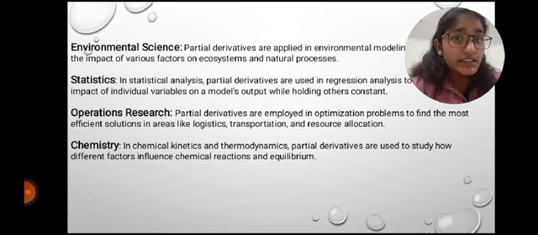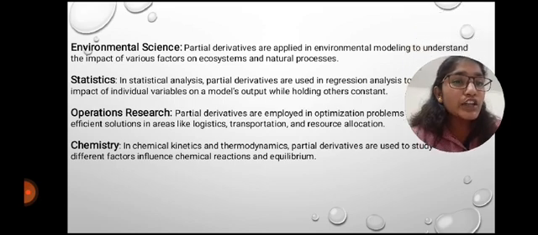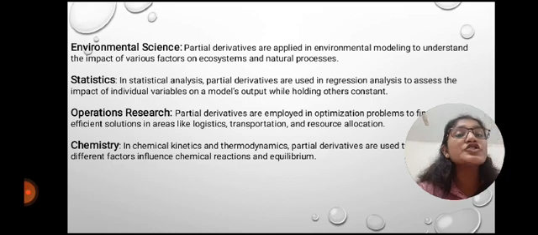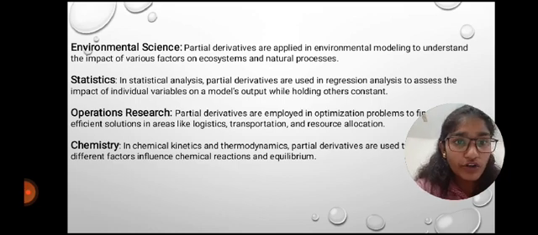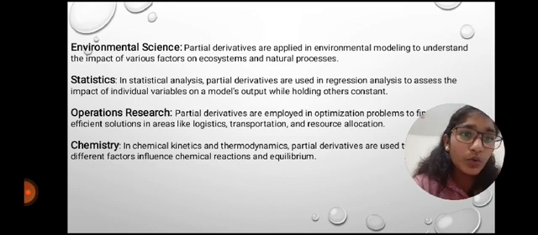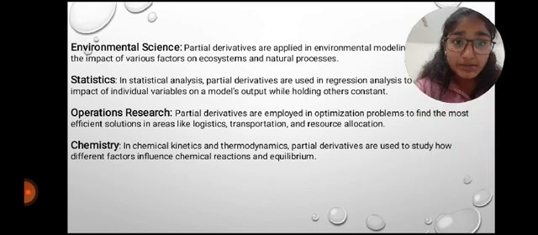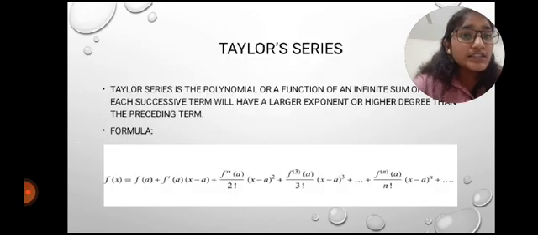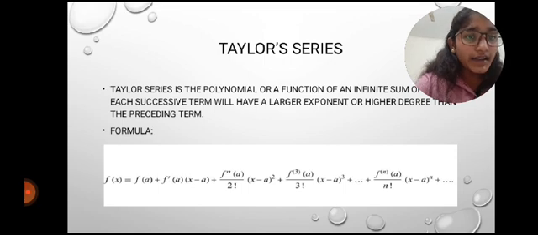Next is statistics. In statistical analysis, partial derivatives are used to assess the impact of an individual variable on the model's output while holding the others constant. Chemistry: in chemical kinetics and thermodynamics, partial derivatives are used to study how different factors influence chemical reactions and equilibrium.